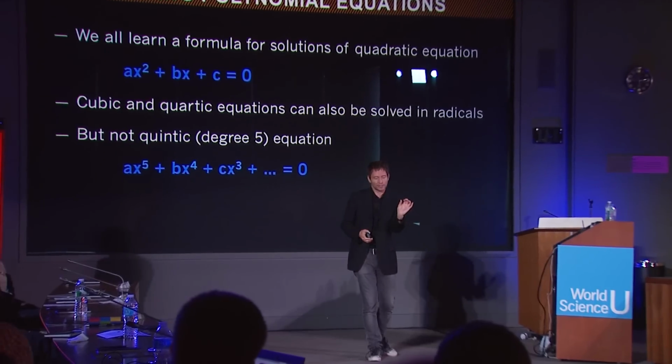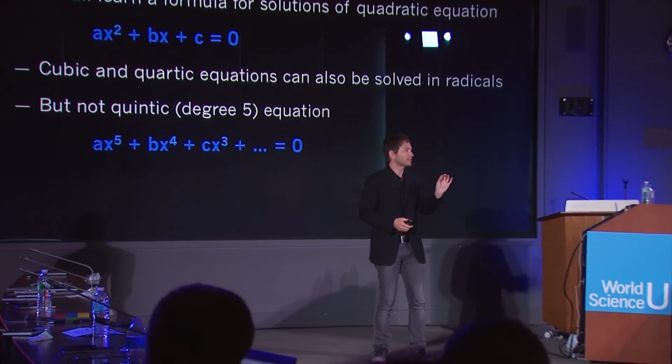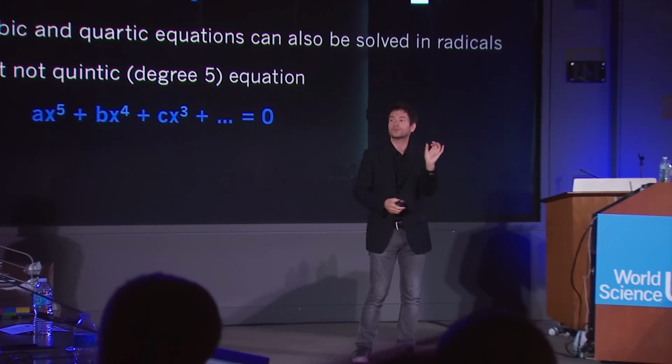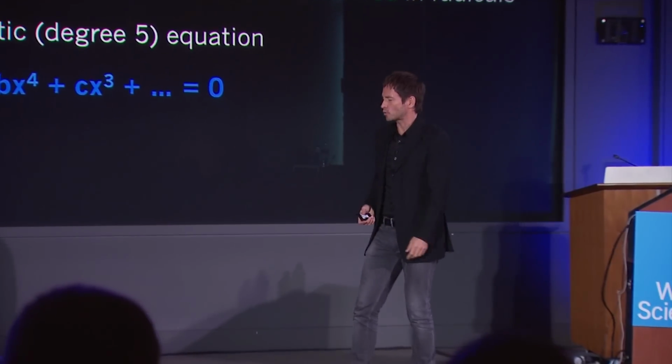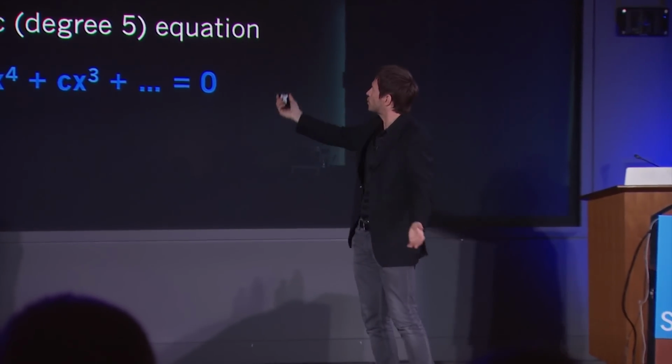This was already in a book published in the year 830 by Al-Khwarizmi, which had in its title the word algebra, which gave the name to the subject. Then mathematicians wondered, can we also solve a cubic equation?